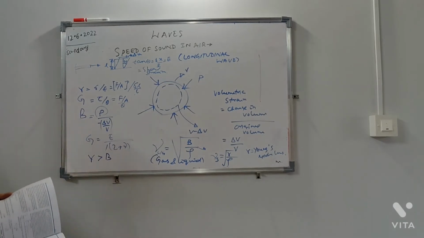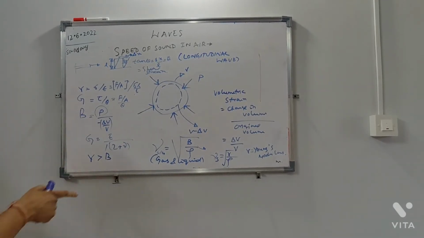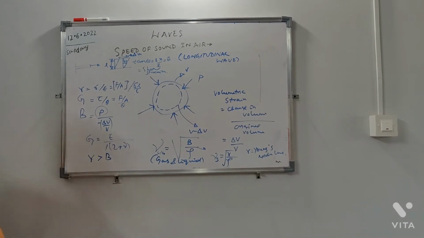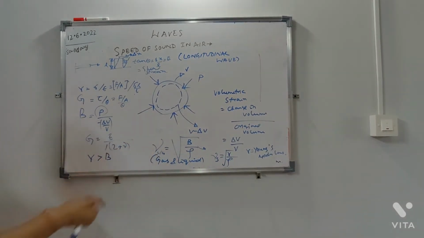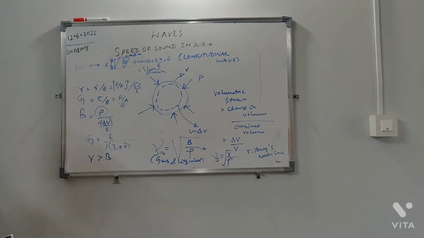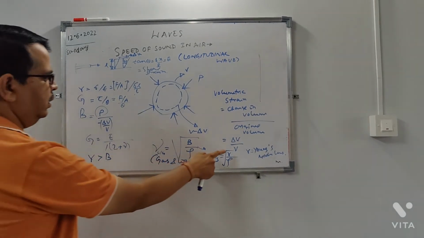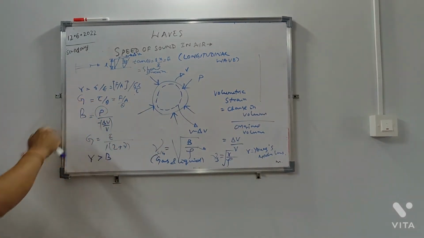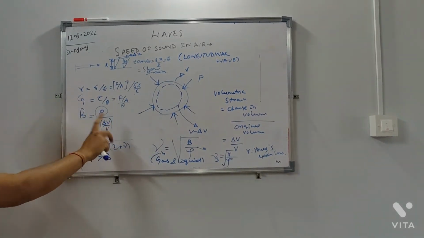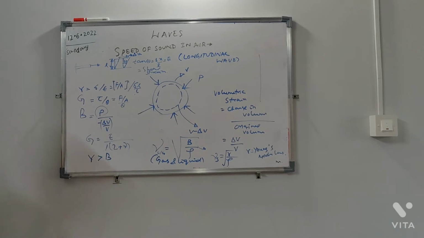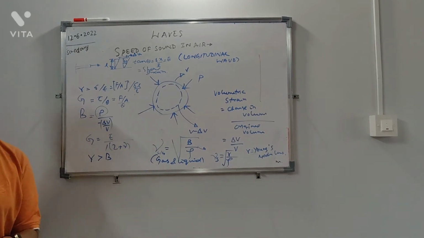We told that the velocity of sound in liquid and gas is equal to the square root of bulk modulus divided by density. This bulk modulus, Young's modulus, or rigidity modulus, everywhere the unit is Newton per mm square, which is MPa. Newton per meter square you can say, but Newton per mm square, which is MPa, is considered.